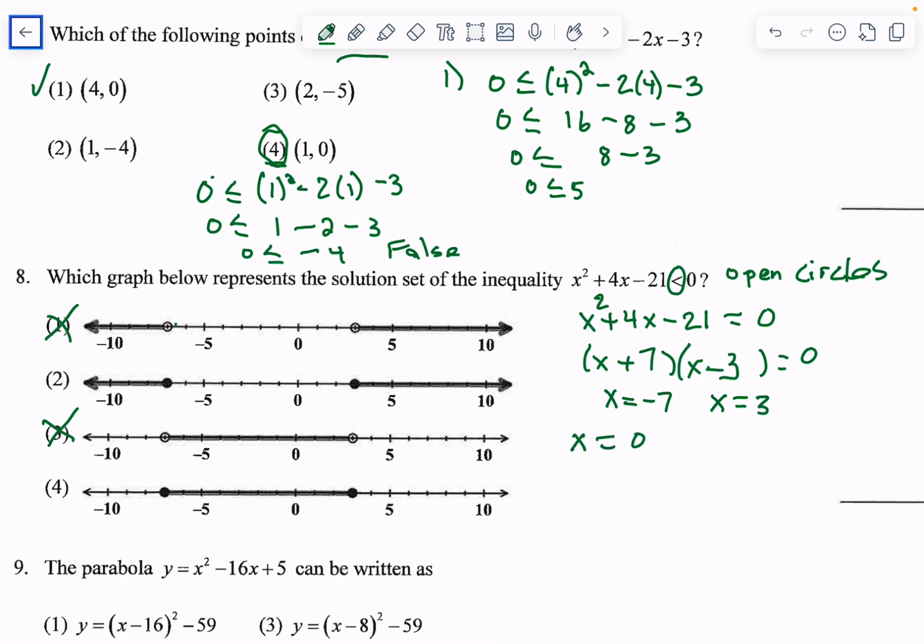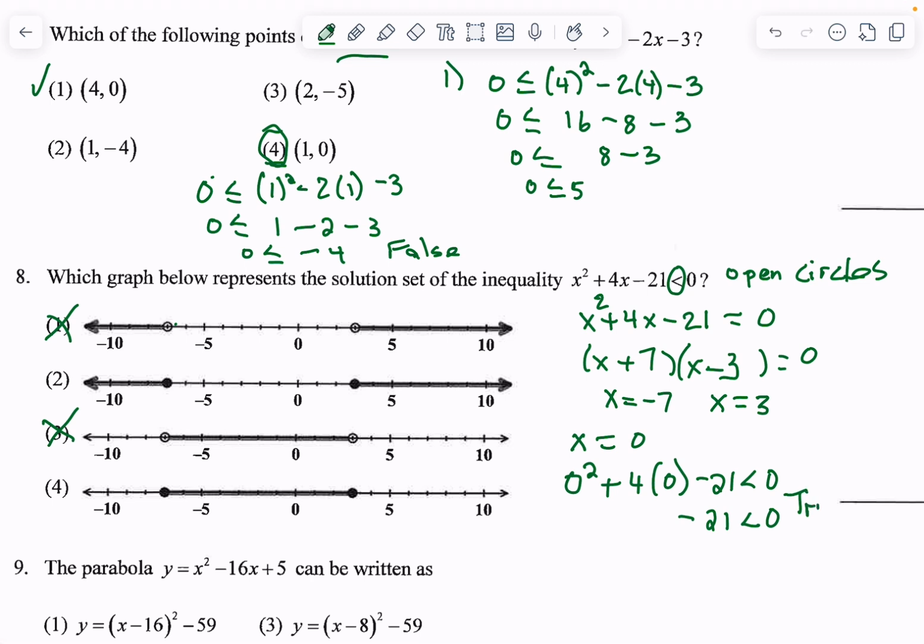If x equal to 0 is true, then we know that it's an AND statement. If it's not true, it's an OR statement. So I have 0 squared plus 4 times 0 minus 21 is less than 0. We have negative 21 is less than 0. That's true, right? True.